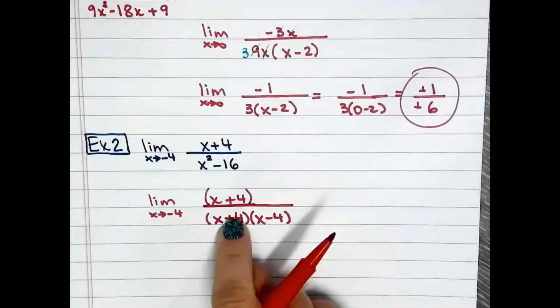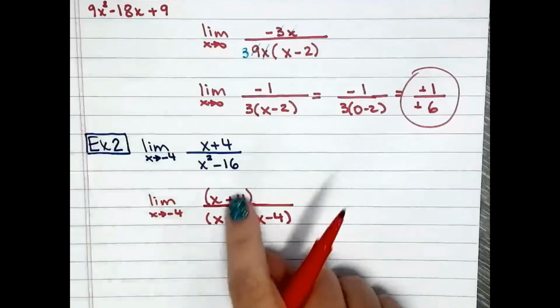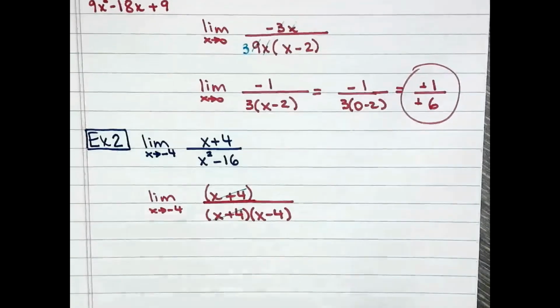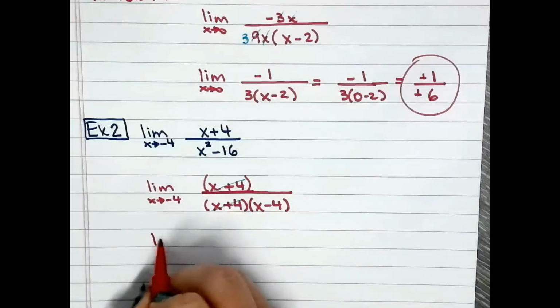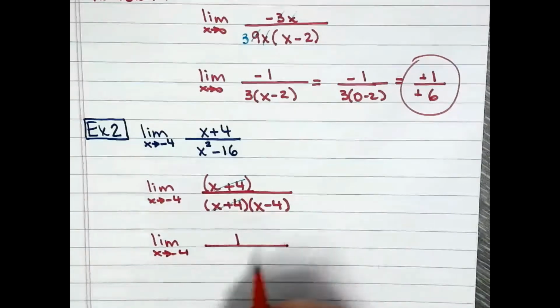You cannot just cross the x with the x right here. They have to be the same binomial. In this case, I am in fact able to simplify that, leaving us with the limit as x approaches negative 4 of 1 over x minus 4.